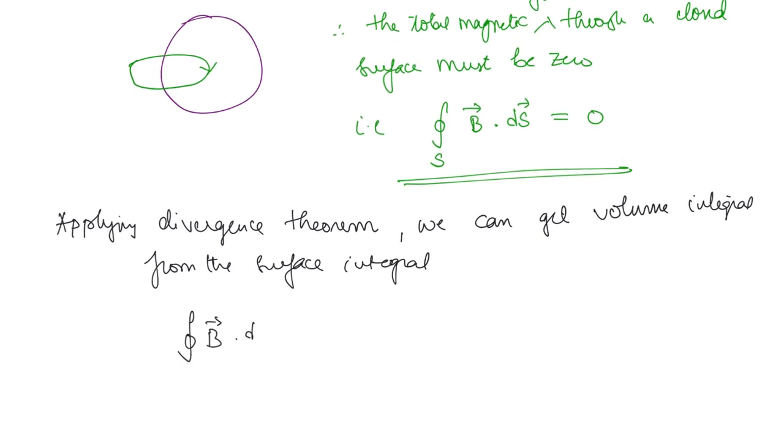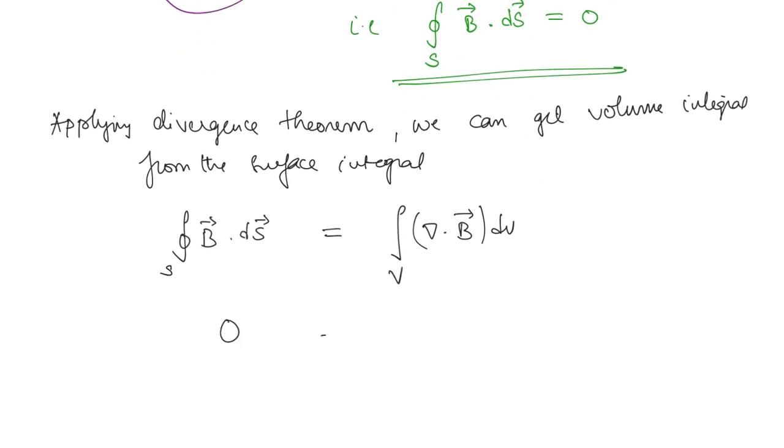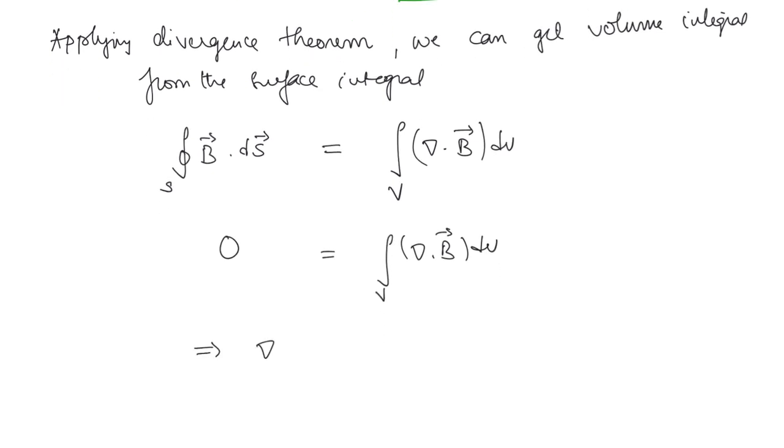The closed surface integral of B bar dot ds bar will be equal to the volume integral of the divergence of the vector, dV. This is 0, so this will also be 0. Del dot B bar dV is 0, so from here you can get that the divergence of the magnetic field vector is 0. This is the fourth Maxwell's equation.